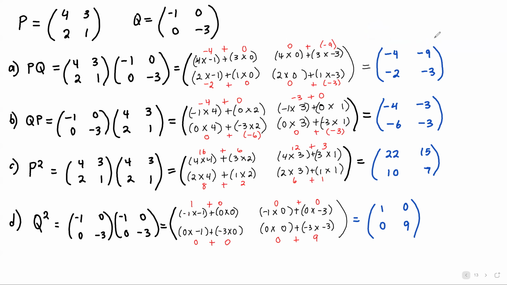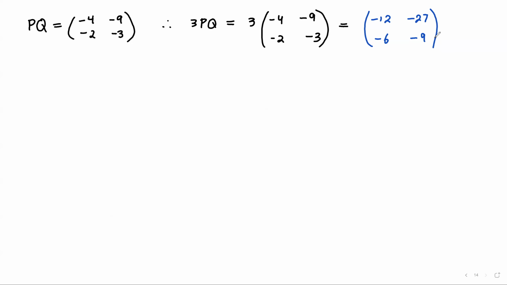And then the other one was 2/5 by PQ. So 2/5 by PQ would be the same principle. You have to multiply 2/5 by every element inside PQ. So 2/5 by -4, -9, -2, and -3. Now you could leave this as improper fractions if you wish, right?